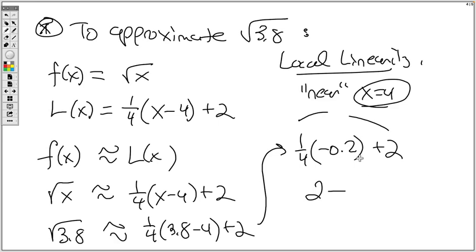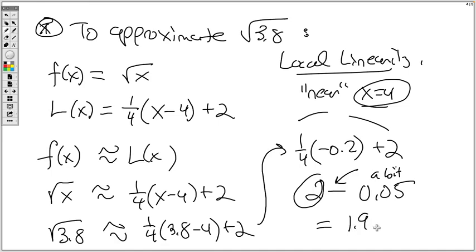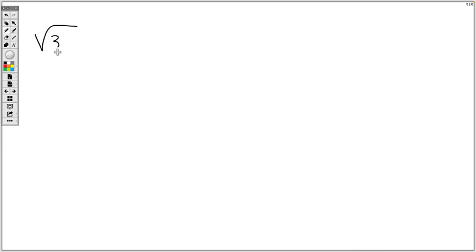Well, what's half of 0.2? It would be 0.1, half of 0.1. You follow? So by golly, look at that. It's 2 minus a what? A bit. And so this works out to be 1.95.